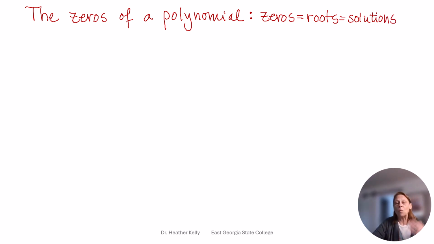Now, there's one other thing that ties all this together. So we have zeros and we have roots, we have solutions. I'm not going to test you over this, but I found this to be quite interesting, and I was always confused on why we had 4 different words for the exact same thing.